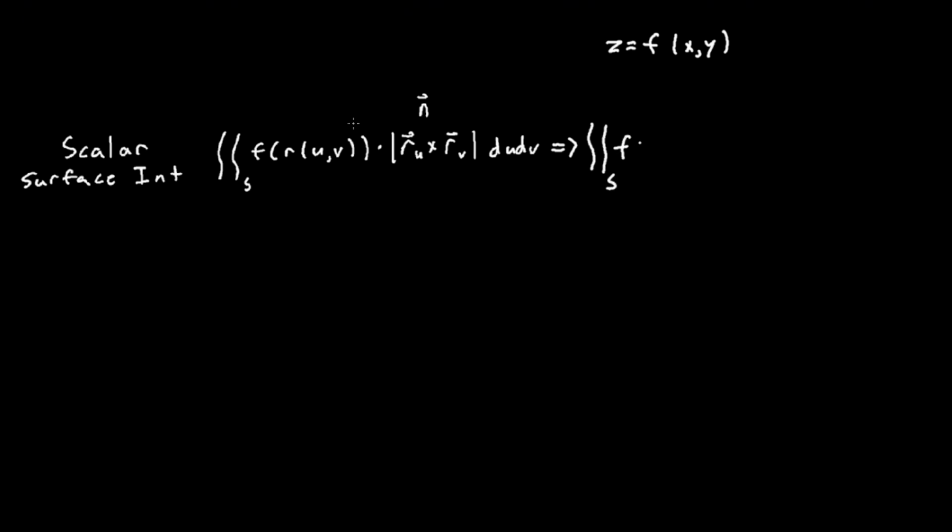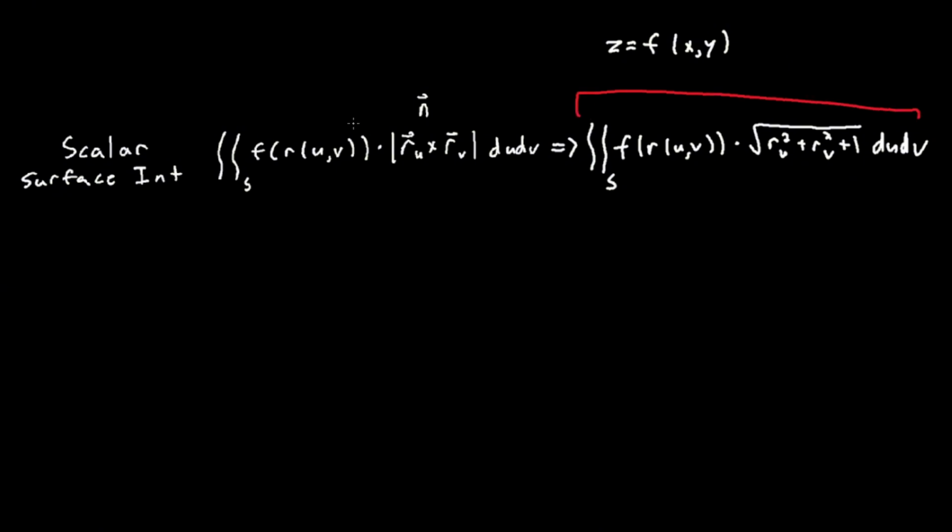You can write it with your parameterized scalar function, with the multiplication of your u partial squared plus your v partial squared plus 1, du dv. So only if you meet this condition of an explicitly defined function can you use this form right here.